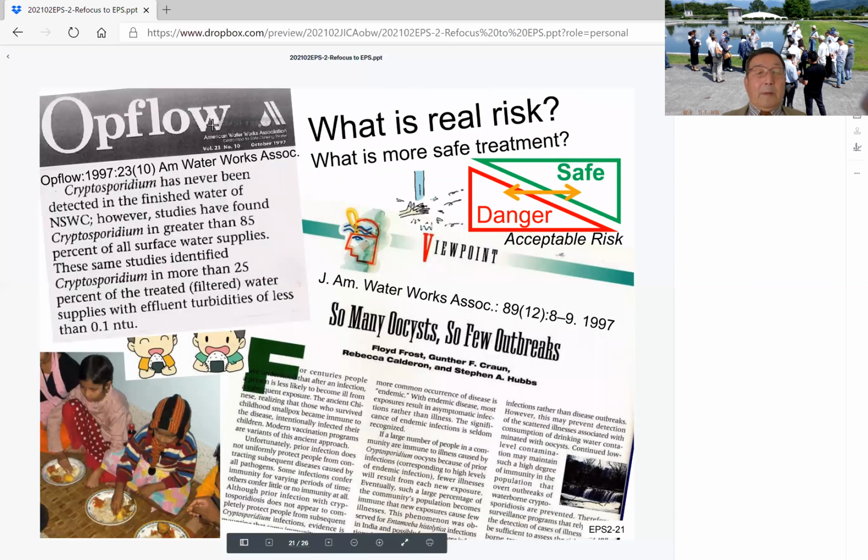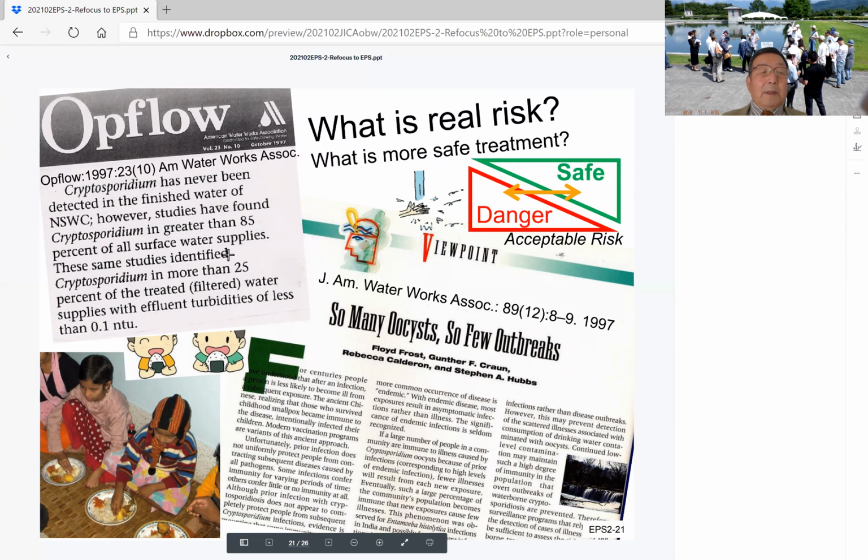And in the American Water Works Association journal, at that time, they discussed what is the more safe treatment. They said Cryptosporidium had never been detected in the finished water. However, studies found Cryptosporidium in greater than 85% of all surface water supplies.